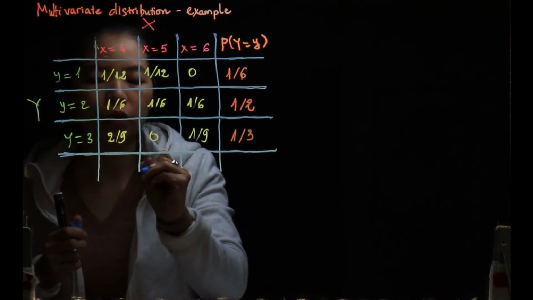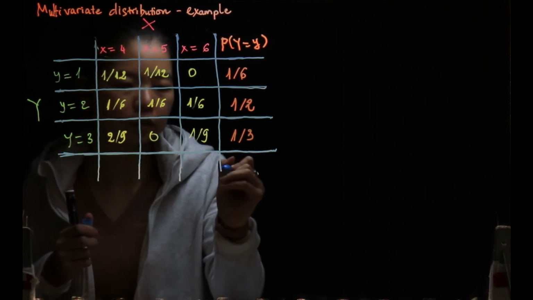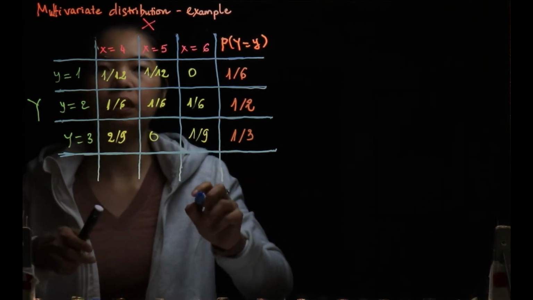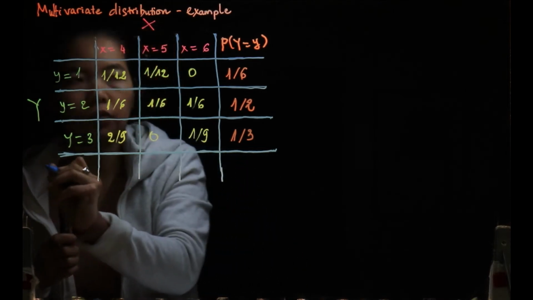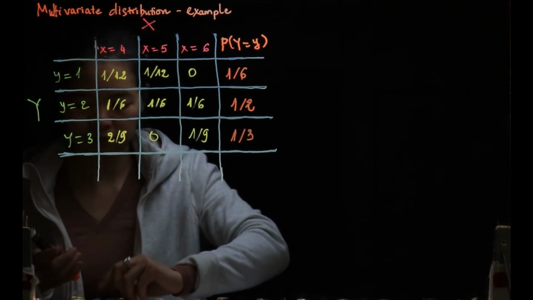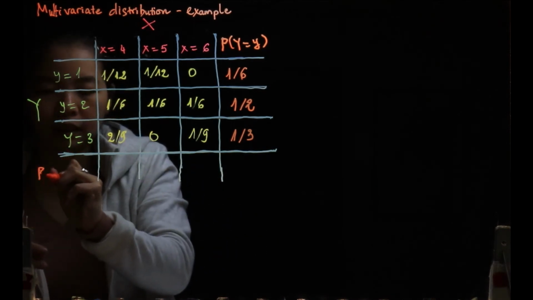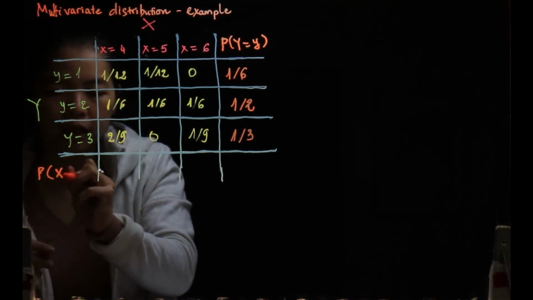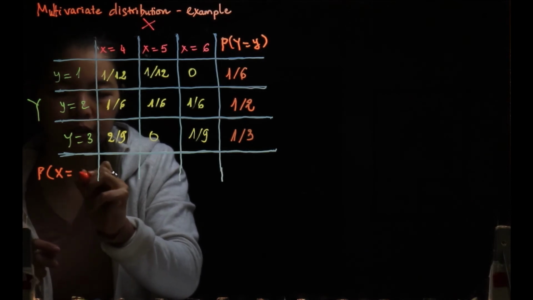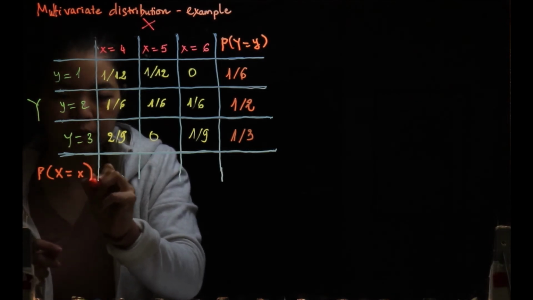Now, we could also do a very similar thing when we turn our attention to x, not y anymore. So here I could write again the probability that x equals a certain small x.